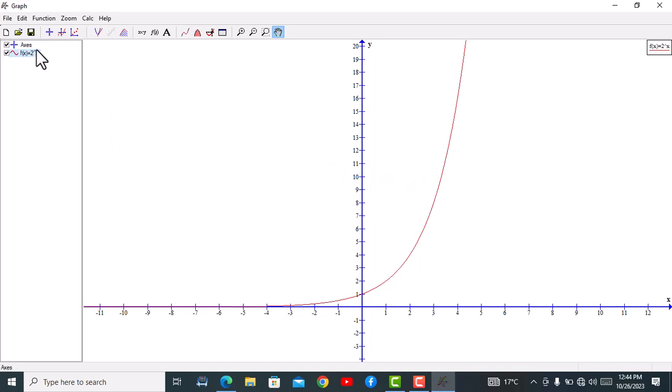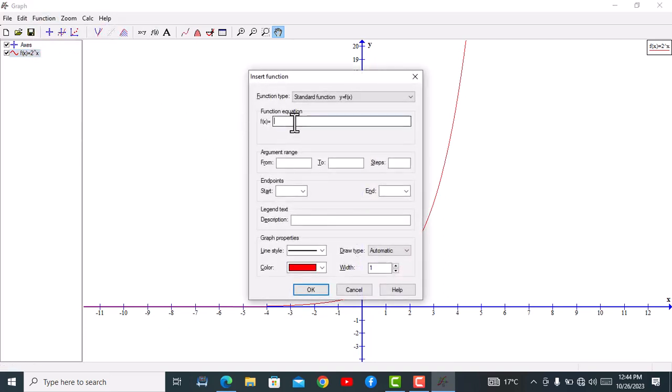So this will be log base 2 of x. Let me draw that one very fast. The graph of log 2x, I don't know how I will specify that. Let me check whether it will do what I want.